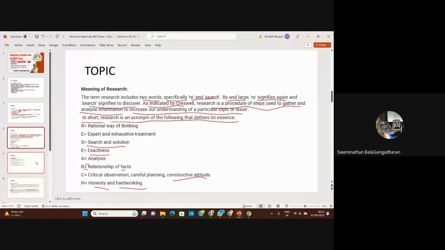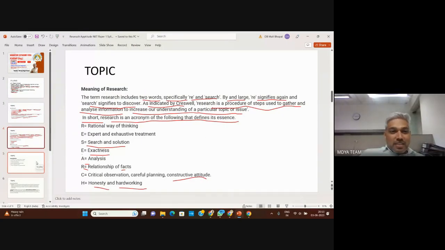There may be some grammatical issues in my language because I'm comfortable in Hindi, but I'm trying to explain in English because research is a subject which we can only understand through English. If we go in Hindi, it is very difficult to understand unless somebody is from a Hindi background.